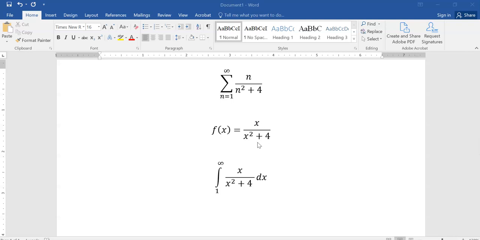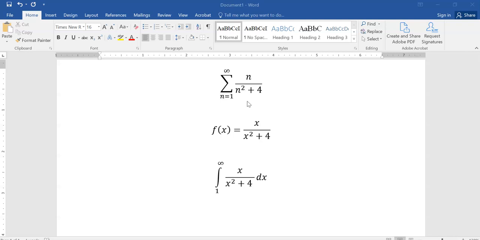Now, this function is continuous, at least continuous from 1 to infinity. It's positive. There's no way I can get a negative number here. And it is decreasing. You can check that as you increase your x, this function does in fact go to 0.